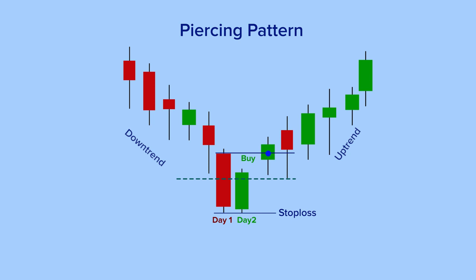Now, here you have to remember these things very clearly. The criteria is that the second candle's body should open below the body of the red candle and should close above the 50% of the body, not 50% of the candle.